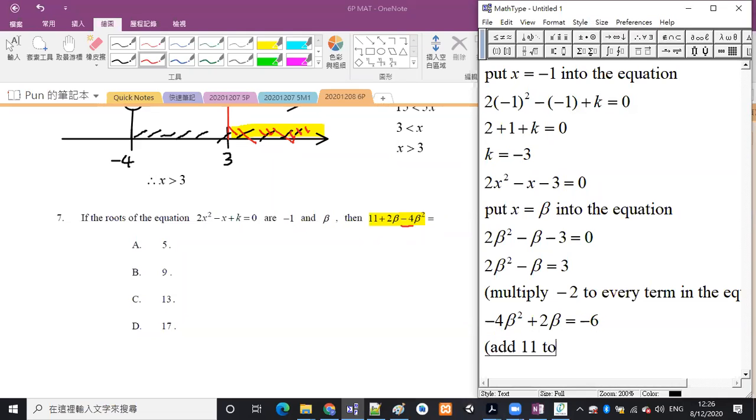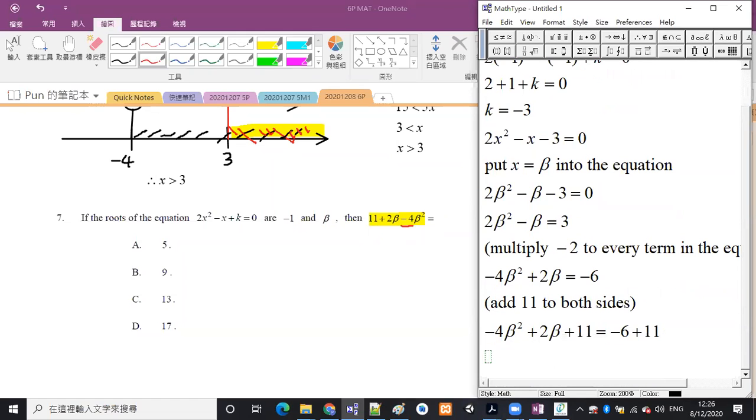we add 11 to both sides. Okay, so -4 beta square plus 2 beta plus 11 is equal to -6 plus 11. Okay, and then the left hand side will be exactly the same as the question. 11 plus 2 beta minus 4 beta square is equal to 5.